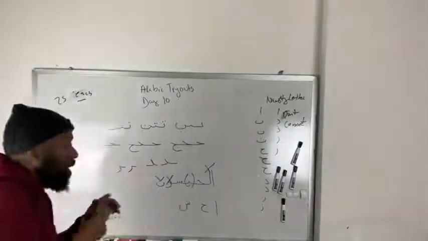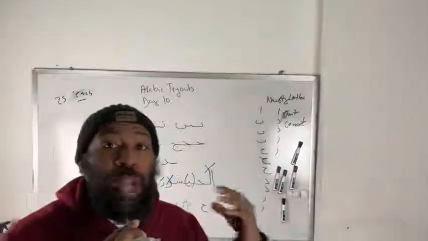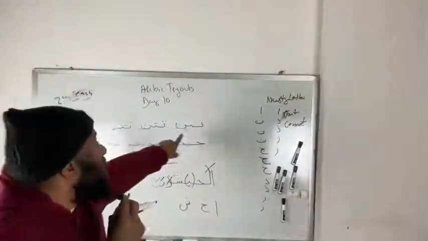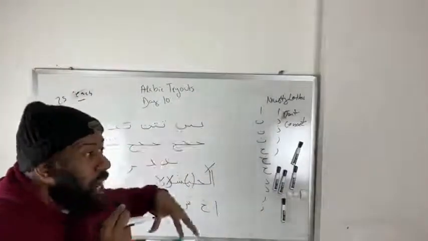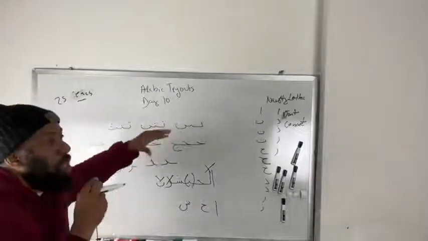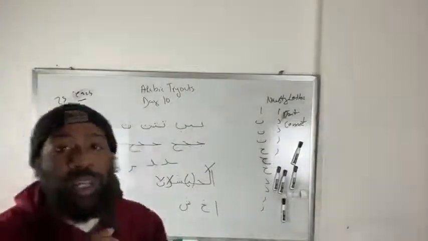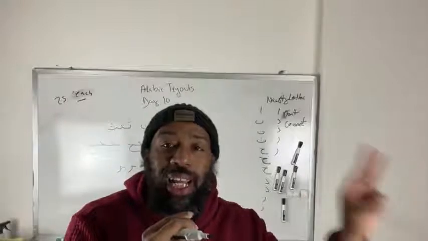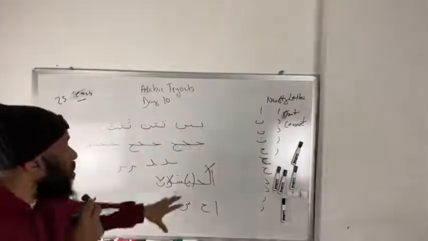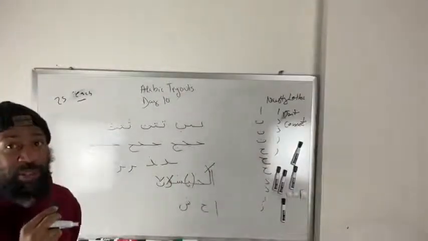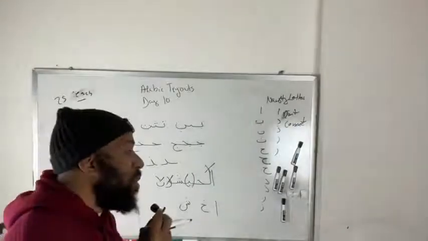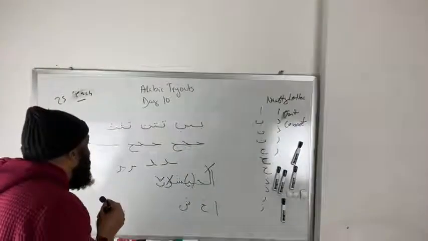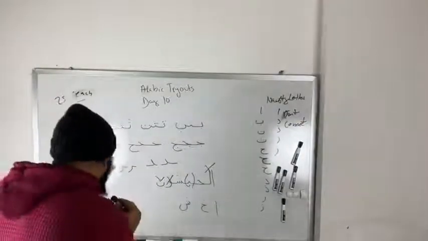All right? So we're able to identify. This is the point and the reason why we need to know the connecting forms, beginning, middle, and ending, so that you can learn how to properly read. You're not going to be able to read if you don't know their forms. Let's move on to the two letters that we're going to learn today.